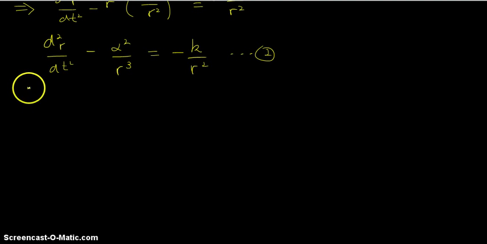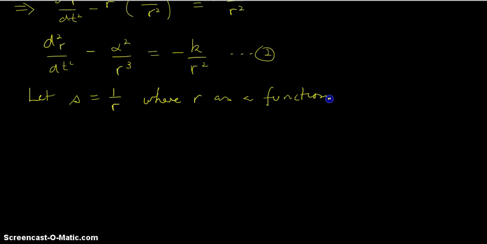And the way we do it is let s be equal to 1 on r. And think of r as a function of theta. So that means that r is 1 on s, of course, and we now need to look at the differential operators.